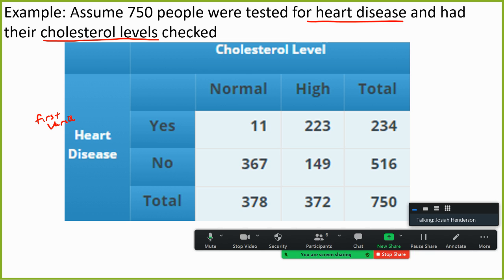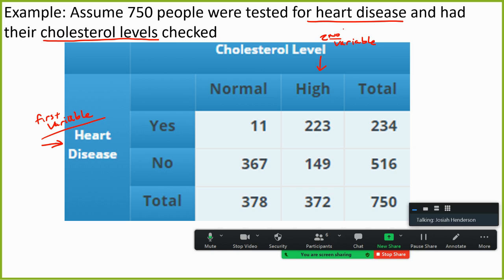The order that you label these doesn't matter. So one of the variables is going horizontally. That'll be heart disease in this question. The second variable is going vertically. Cholesterol in this question.